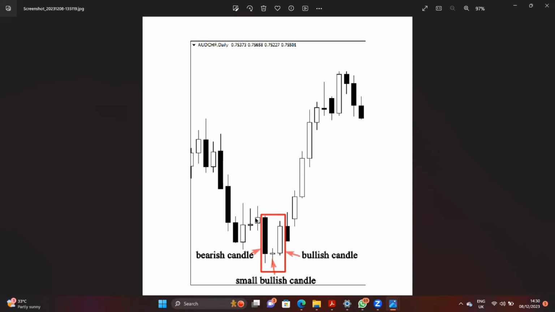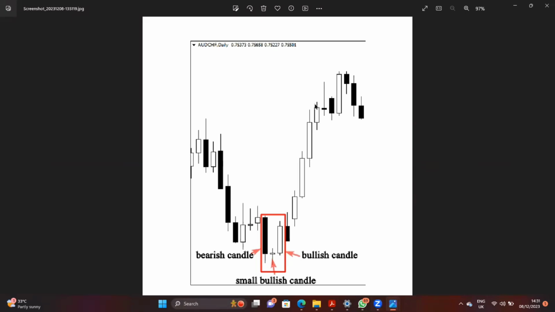Then look at what happened. We have the bearish candle, the base candle and the outgoing candle. And buyers took control of the entire market and pushed price right above this area of price.